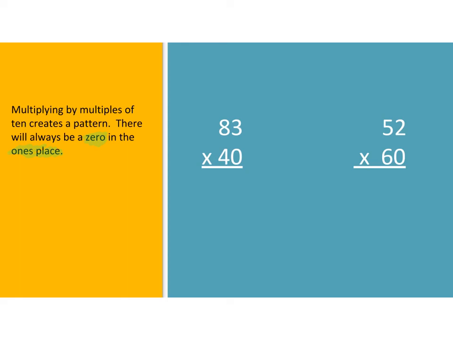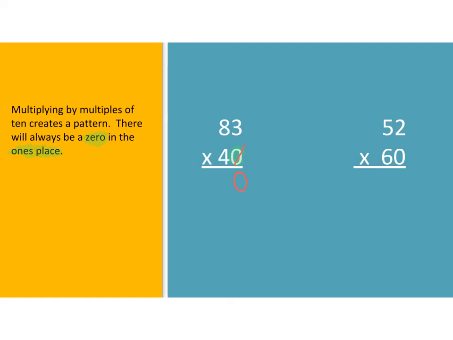Since 40 has a 0 in the ones place, I'm going to put a 0 in the ones place in my answer, and instead of multiplying 0 times 3 and 0 times 8, which will equal 0, I'm just going to put that 0 as the placeholder and move on to my second number in the tens place, the 4.